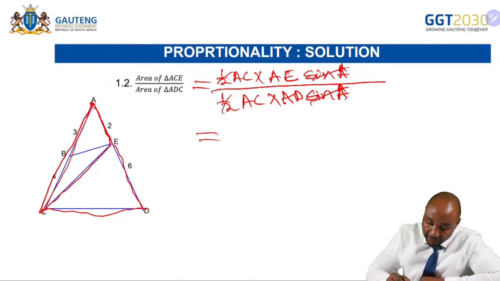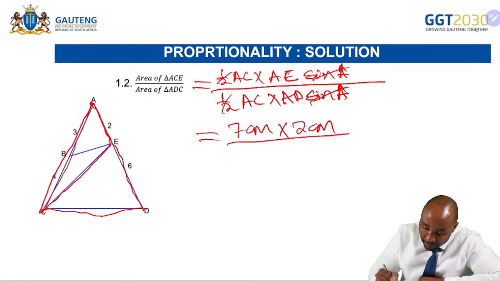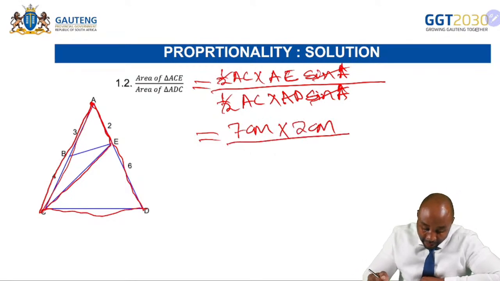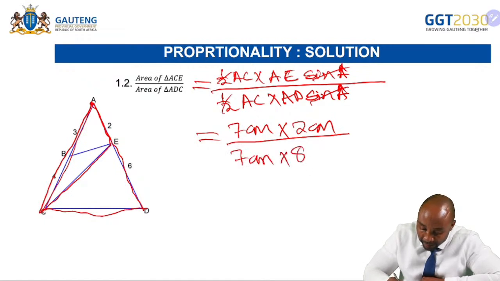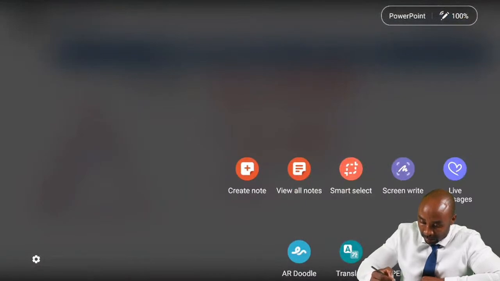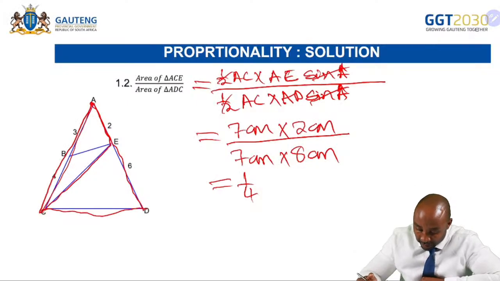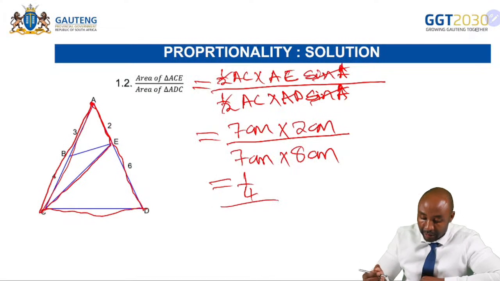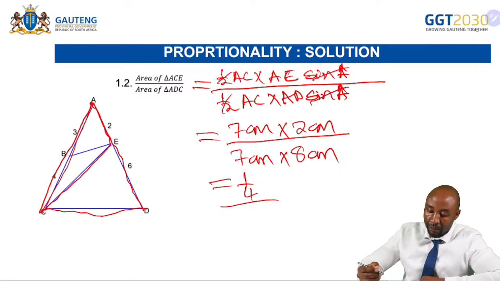AC, we have calculated it, it's 7 centimeters. What is our AE? Is 2 centimeters over. What is our AC? It's still 7 centimeters multiplied by 8 centimeters. And when we simplify this, we'll get 1/4. We get 1/4 as the solution to this question.